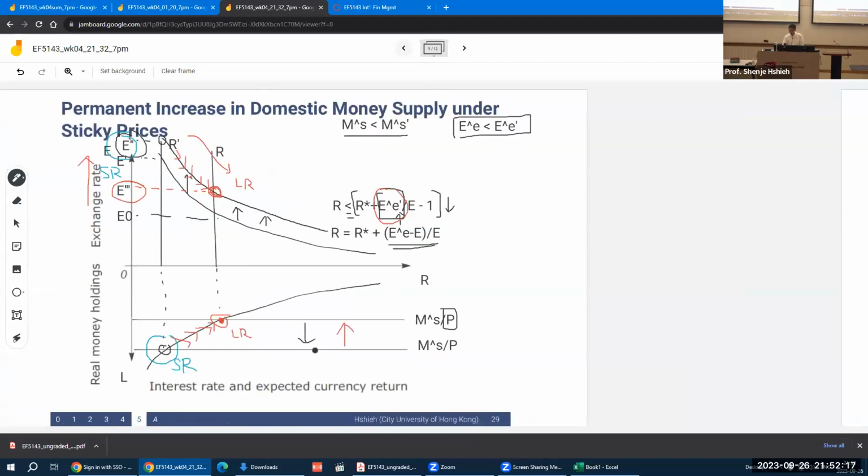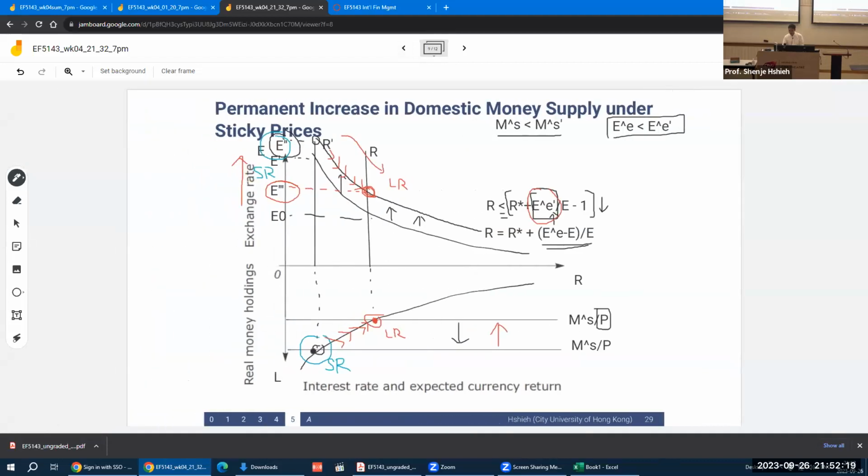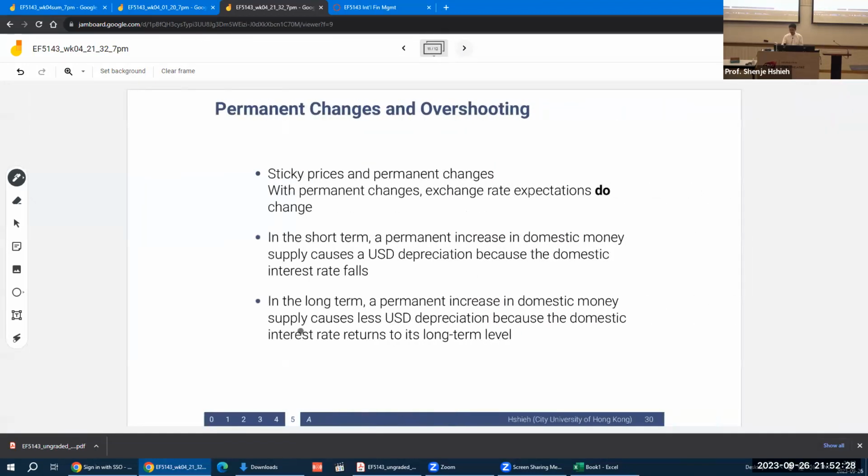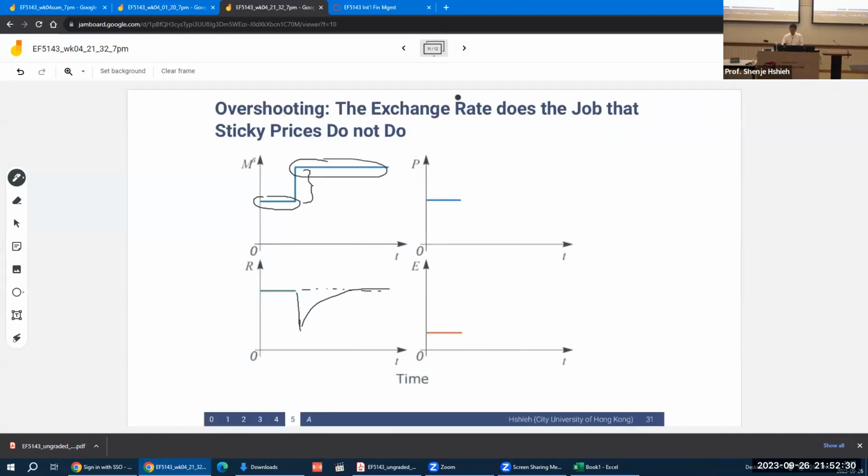It drops to here, and then as we move from this point to this point, interest rates go back to normal, right? From R to R prime back to R. So that's exactly what we see here: a drop and then a reversion. And this is because price levels will reflect changing money supply in the long run, right?